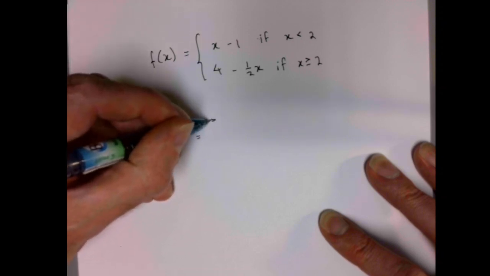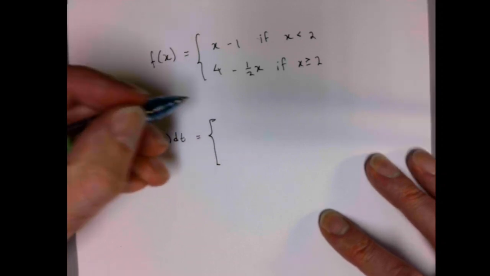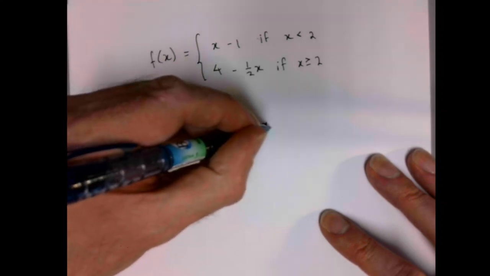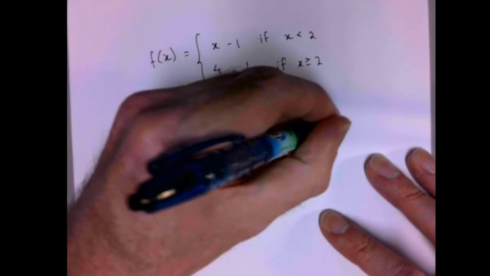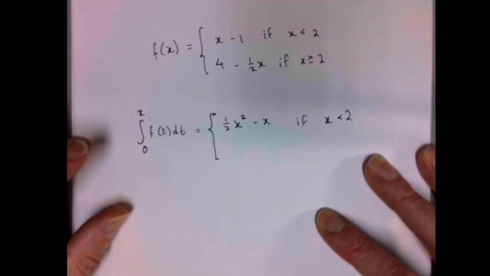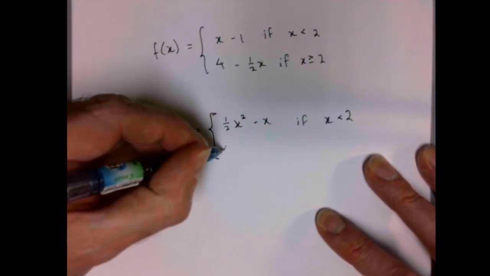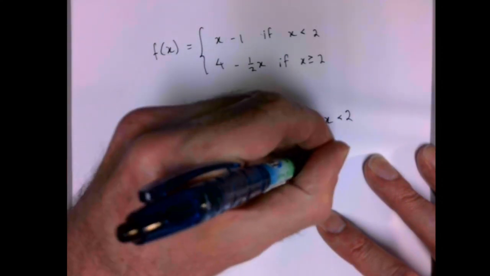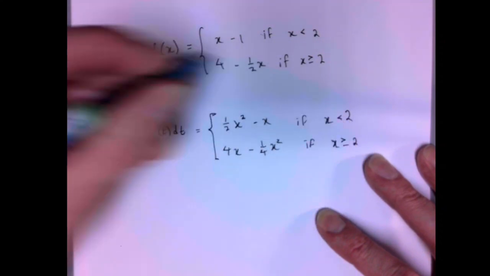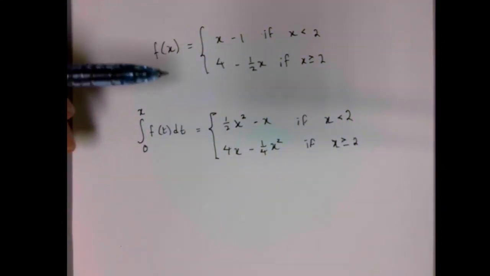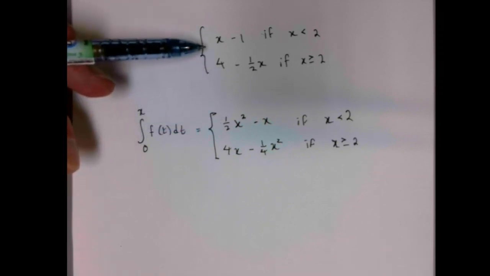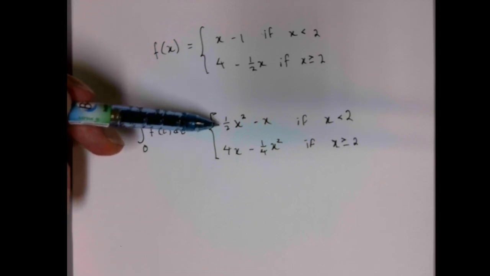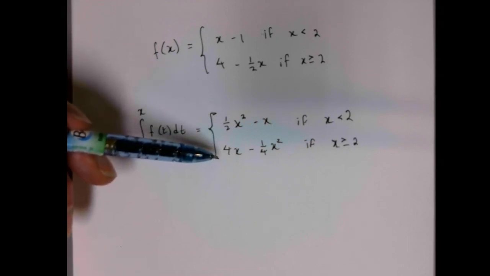And this was my guess: 1/2 x squared minus x if x is less than 2, and 4x minus 1/4 x squared if x is greater than or equal to 2. Hopefully you notice a connection here, right? To get this, I just integrated. I took the antiderivative of this first line, and then I took the antiderivative of that second line.